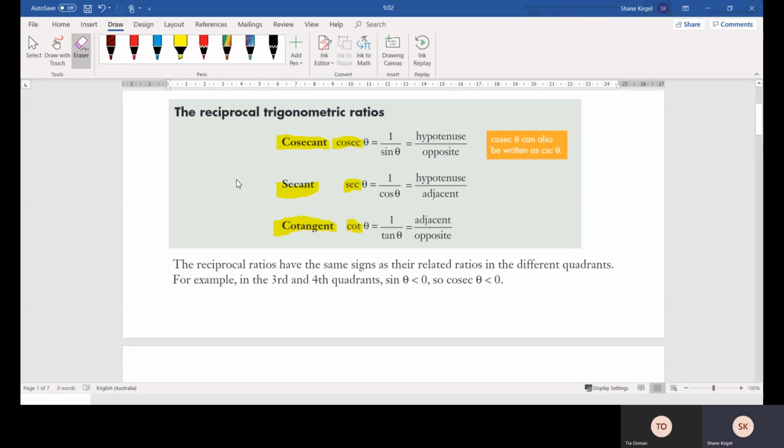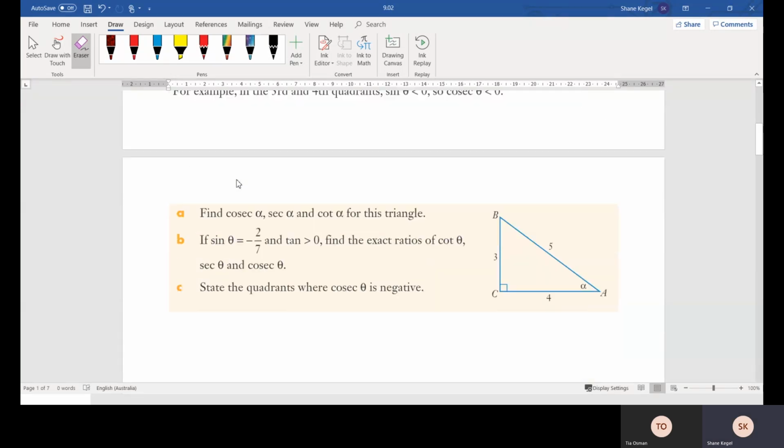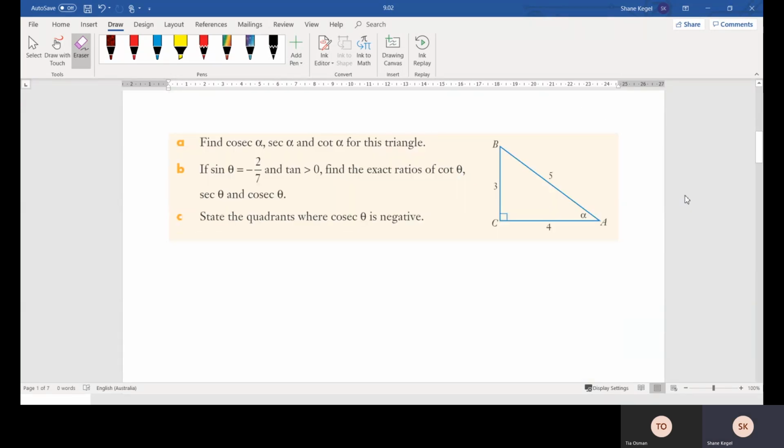So let's have a look at how we can find these inverse trig ratios if we're given a triangle. Looking at question A, we're asked to find cosec, sec, and cot for this triangle. First, I'm going to write that cosec is my inverse sine ratio.